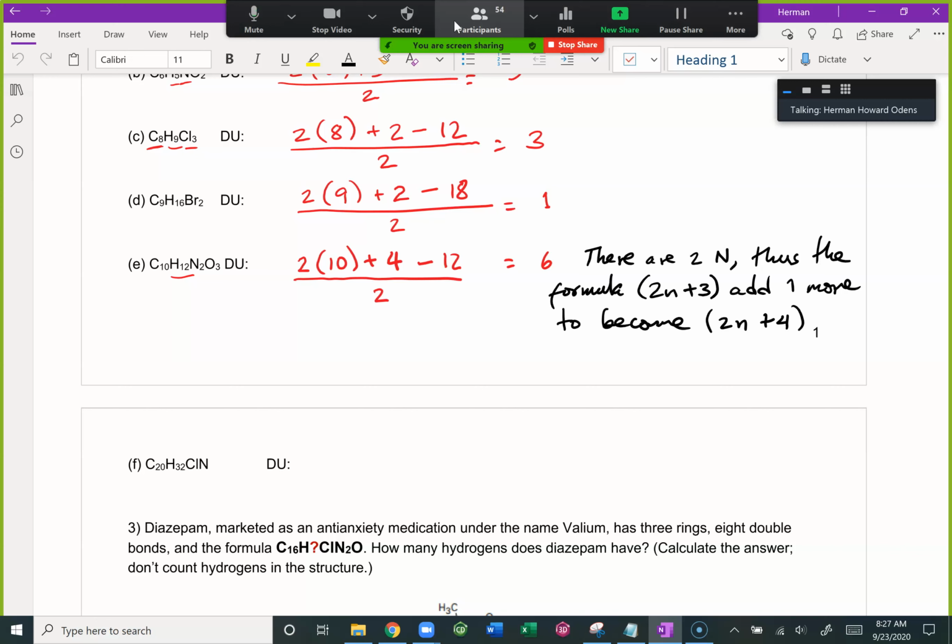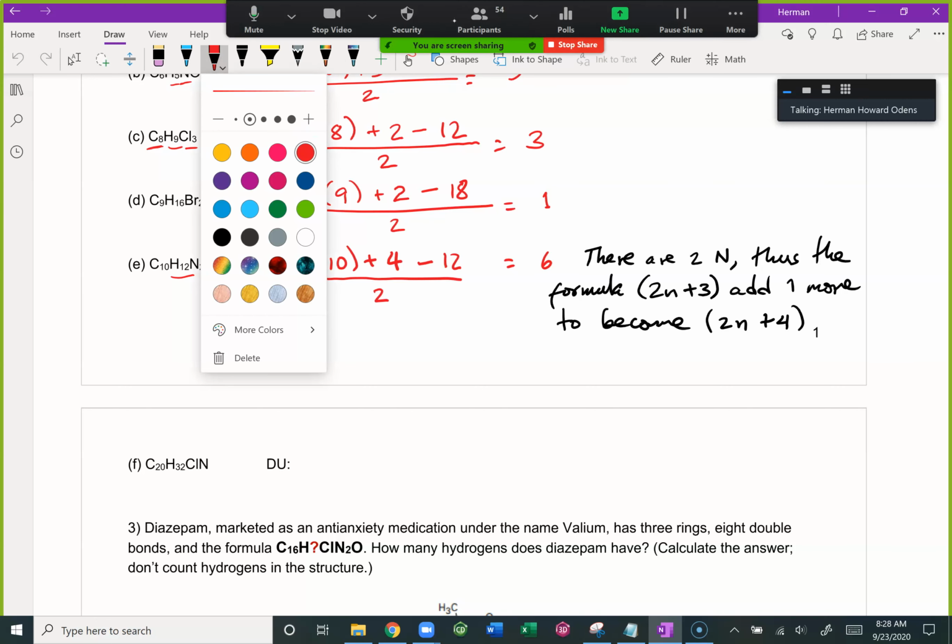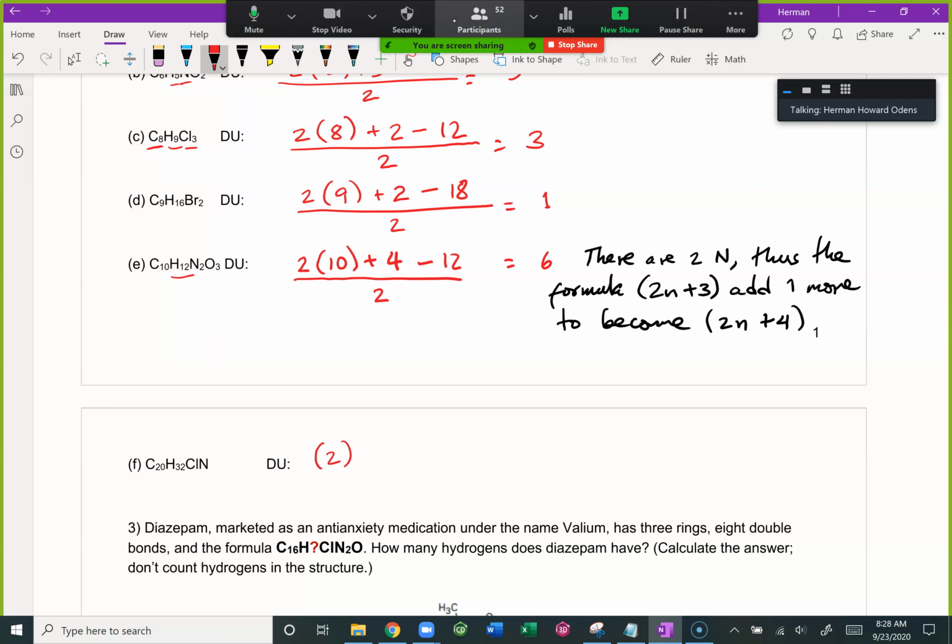So, we have that the molecular formula is C20H32ClN, and so we say that degrees of unsaturation is equal to 2 times the number of carbons, which is 20. We're going to add 3 because we have a nitrogen, and we're going to subtract the number of X. So X is equal to 33 here because we have 32 hydrogens and 1 chlorine.